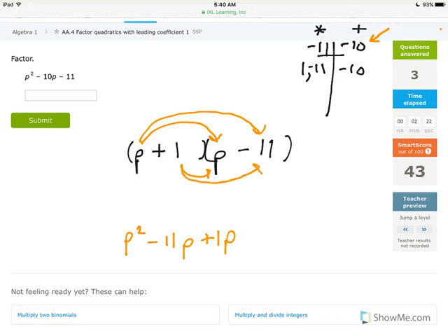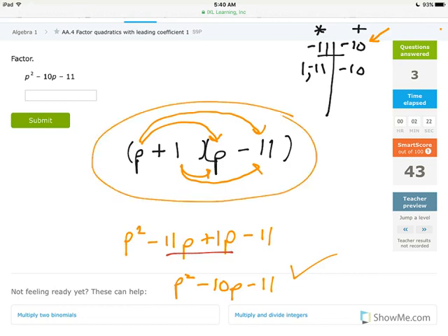And the number times the number should get you negative 11. And if you combine your like terms in the middle, you get p squared, negative 11p and positive 1p is negative 10p that we were supposed to have in the middle, and then negative 11 for the last one. So that does check out. So these would be your two factors.